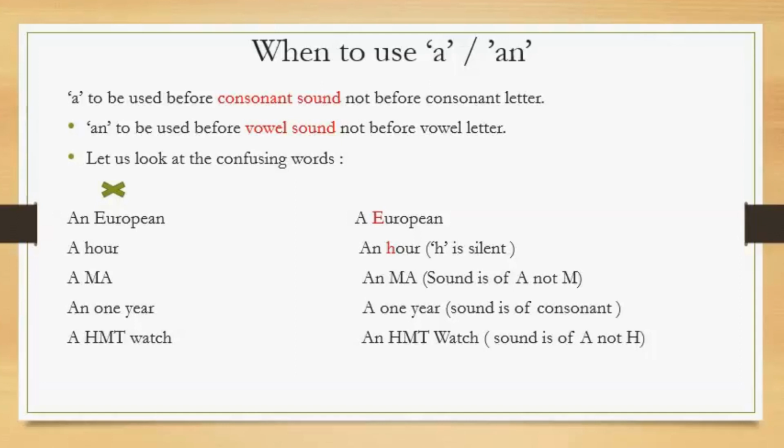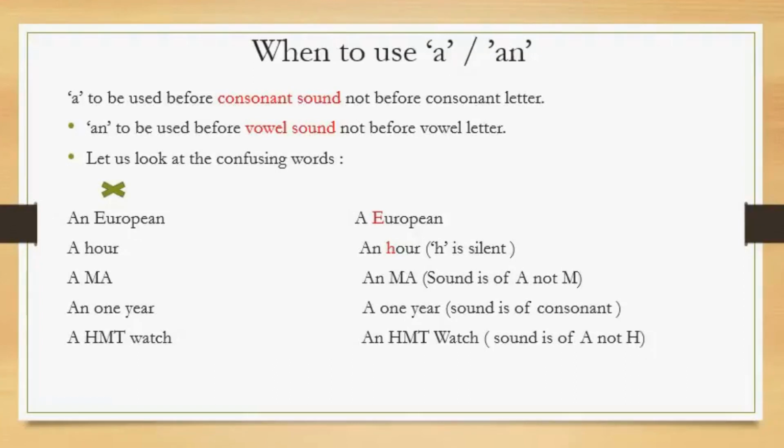It's a V sound, not an O sound. Can you understand the difference here? An one ear is wrong. The reason is it is not the consonant letter or vowel letter to be considered. It is the sound to be considered. What sound are we hearing? Are we hearing a vowel sound?